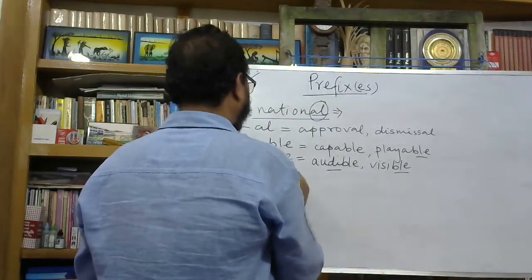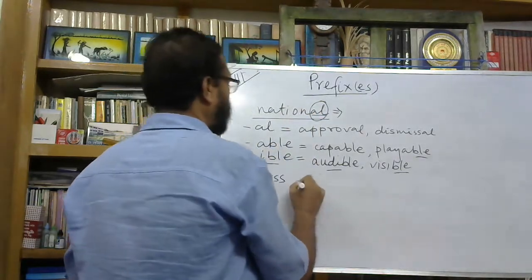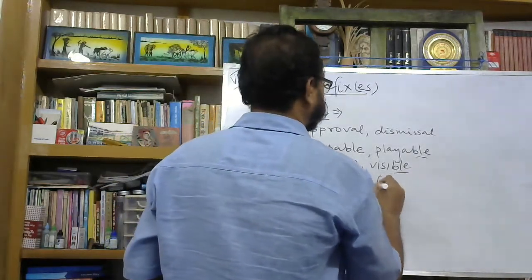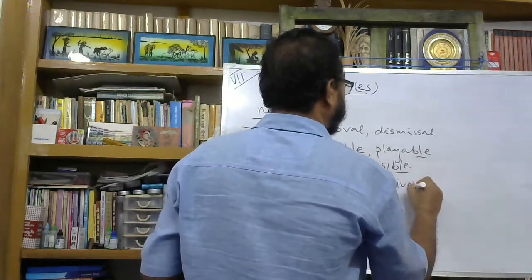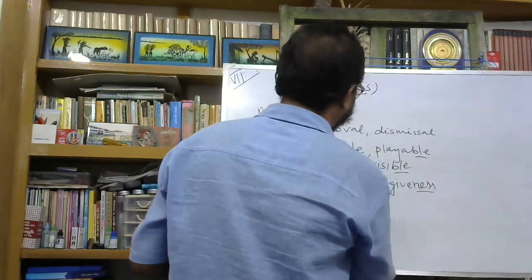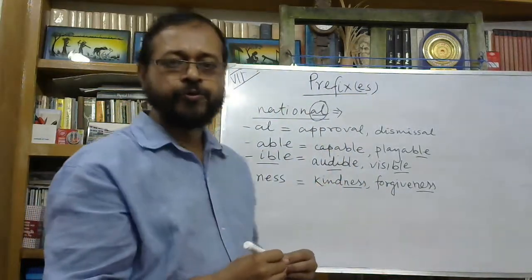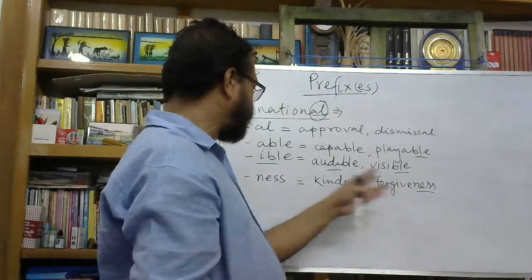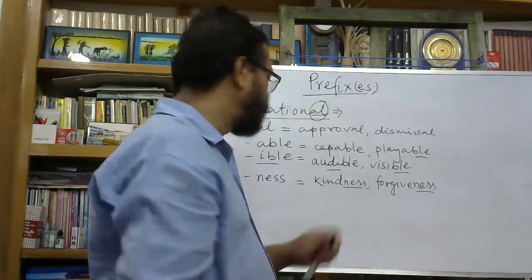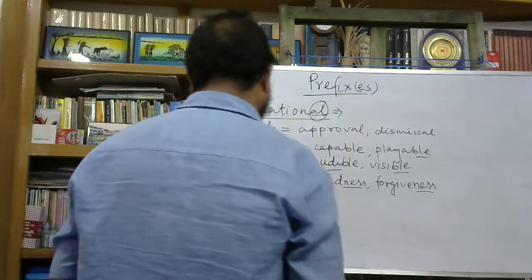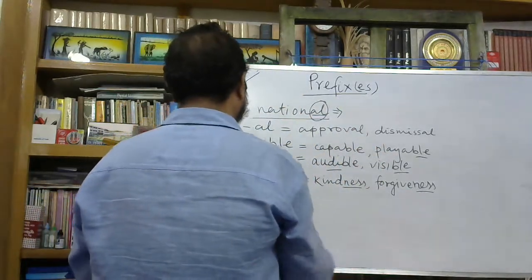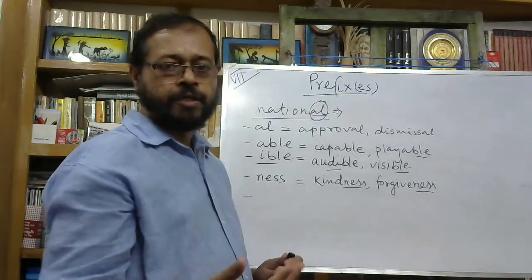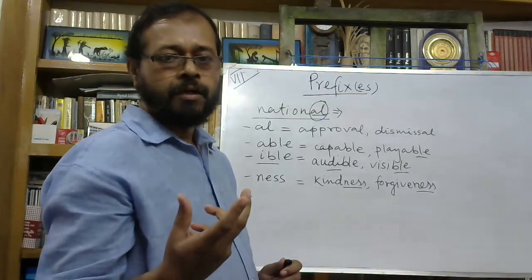Then there is ness. When we made the list, kindness, forgiveness. So this suffix is used to make noun forms, sometimes from verbs and sometimes from adjectives. So kindness, forgiveness. Then tion, sion, institution, permission, audition.